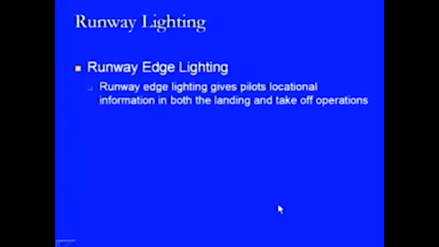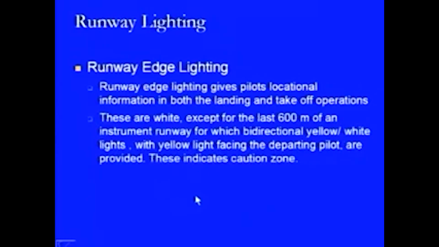Then we have another lighting for edges, the runway edge lighting, which provides locational information during both the landing operation as well as the takeoff operation. These are white in color except again for the last 600 meters of an instrument runway, for which bidirectional yellow or white lights are provided, with yellow light facing the departing pilot.